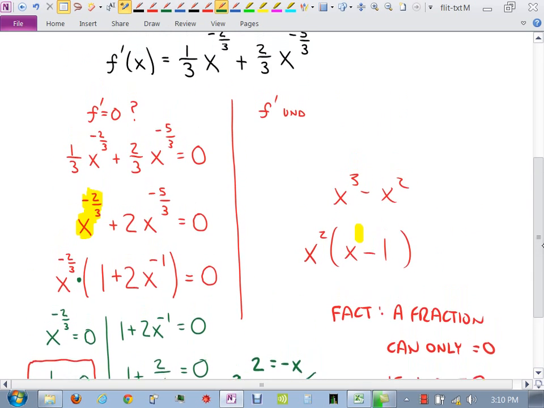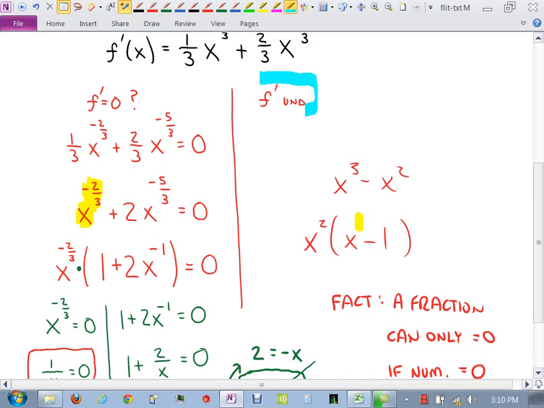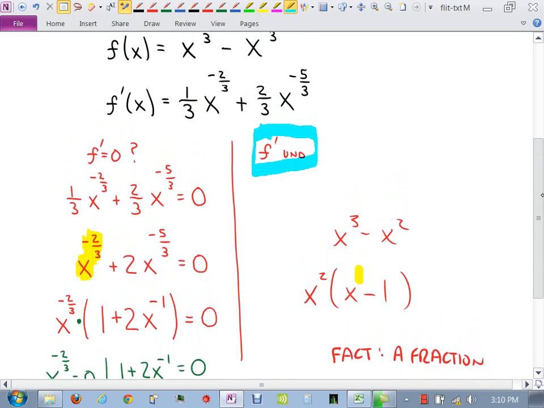All right, now I still have to consider one more thing. I kind of did all that work, but let me scroll back up here. I'm looking now back at this. Where is the derivative undefined? So when we look at our derivative, is it ever undefined? Maybe it'll help if I do this. Isn't 1/3 x to the -2/3 the same as 1/3 over the cube root of x squared?